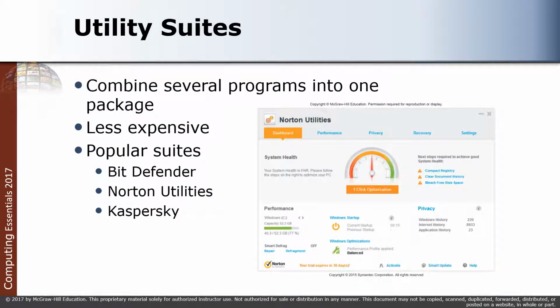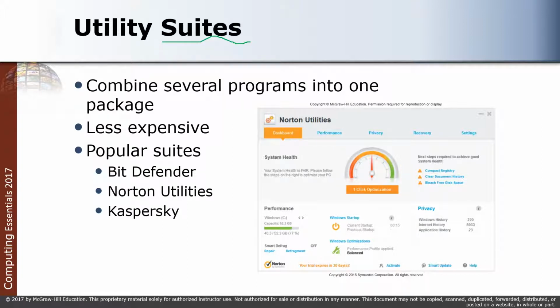Utility suite, yeah, when you come across the word utility suite, the term suite, okay, in terms of software, software suites or utility suites refer to a combination, meaning more than one program in one package.